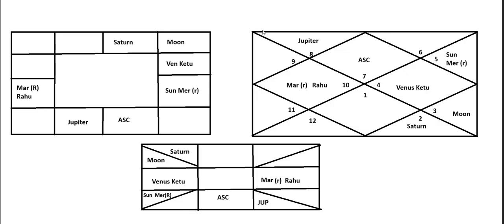Anuradha is Saturn's nakshatra. So Saturn is aspecting, Jupiter is aspecting. Still this guy faced this problem because Venus and Ketu don't go well. They don't have a good relationship, and it became quite disastrous for this person.